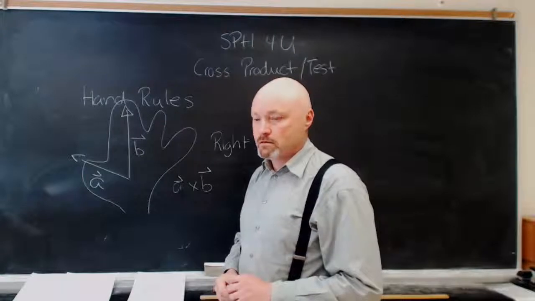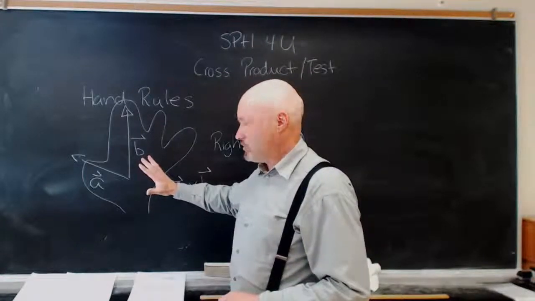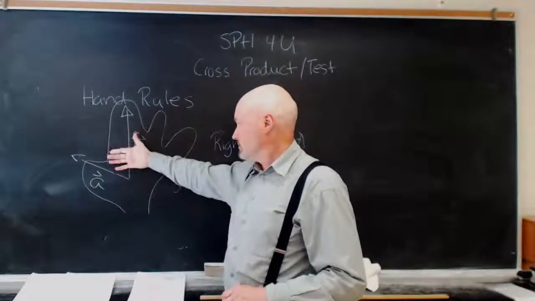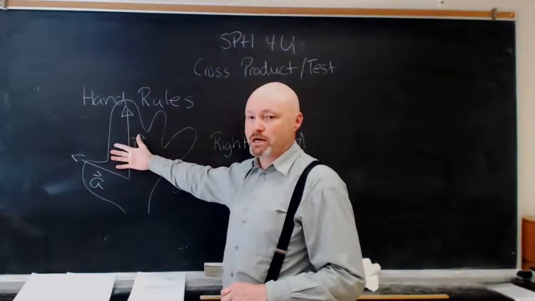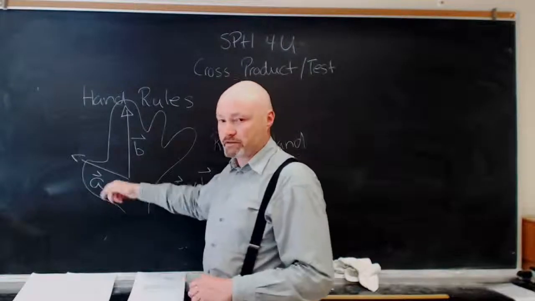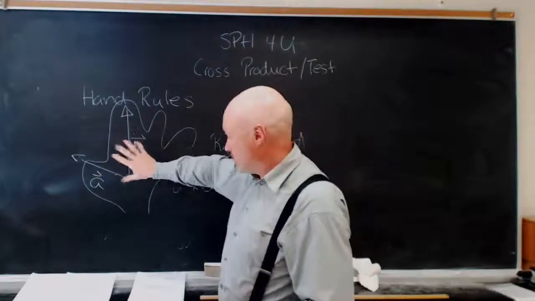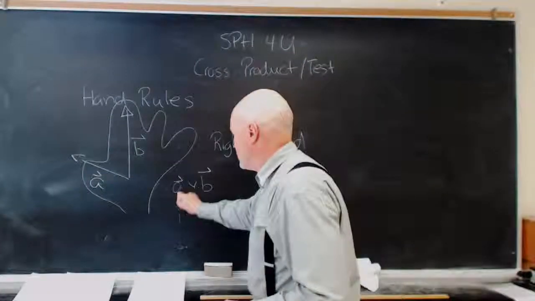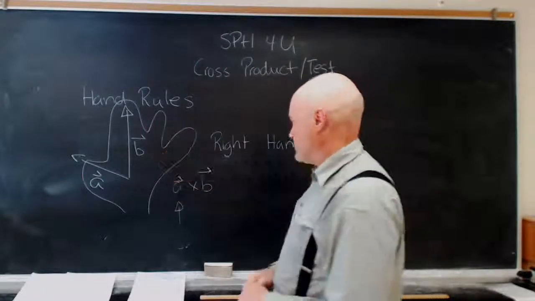Do you use your left hand? Well, if it's B cross A, you take your right hand, your thumb goes out there. Which way is the cross product vector? Out from the board if it was B cross A. And if it's A cross B, it's into the board. Is it always with your right hand? It's always with your right hand to make that work. Okay.